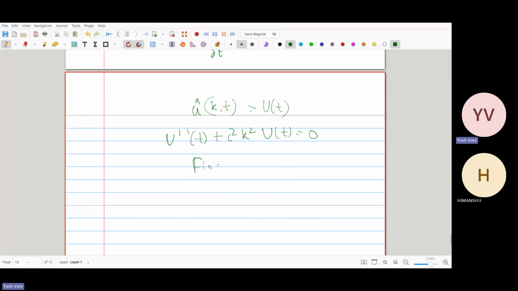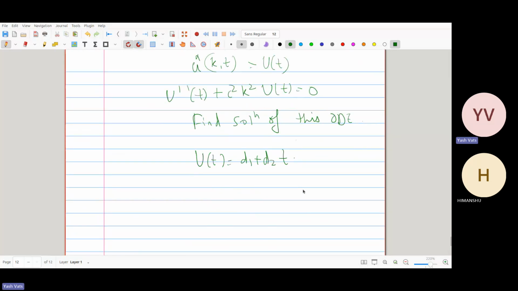So now you can find the solution of this ODE. Once you get the solution of this ODE, say U(t) is something like d1 plus d2 t, then what is u hat in that case?